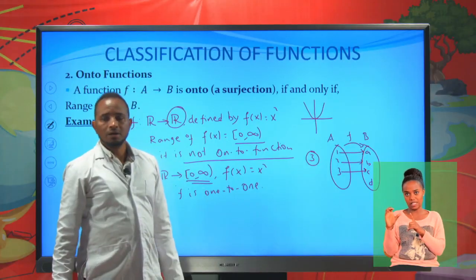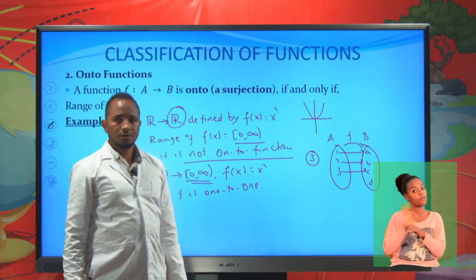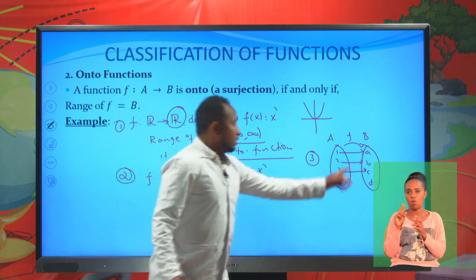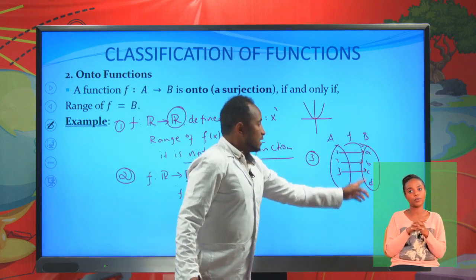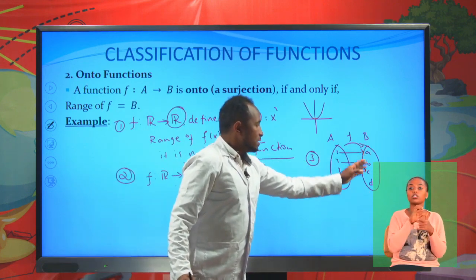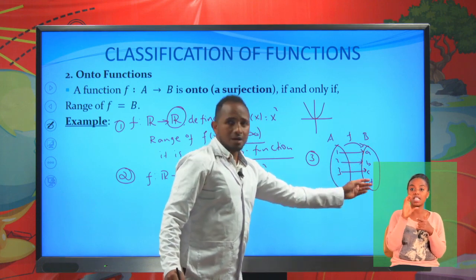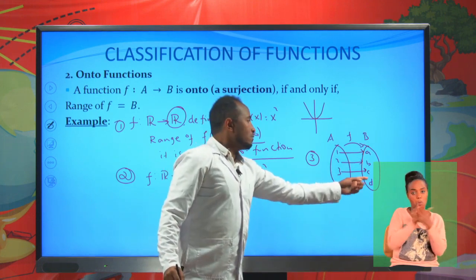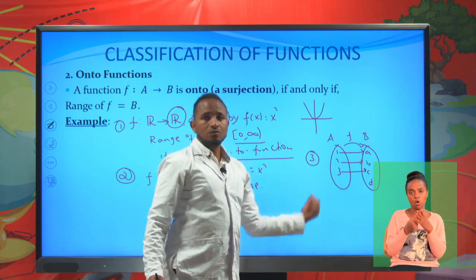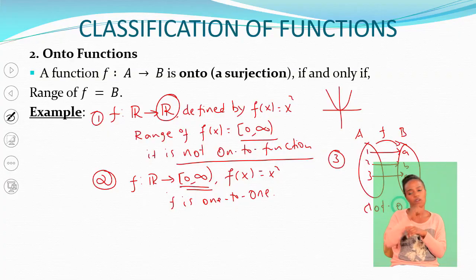Is this one an onto function? It's not, because the range of f is not B, it is a, b, c only. d has no pre-image. So because of this it is not onto.